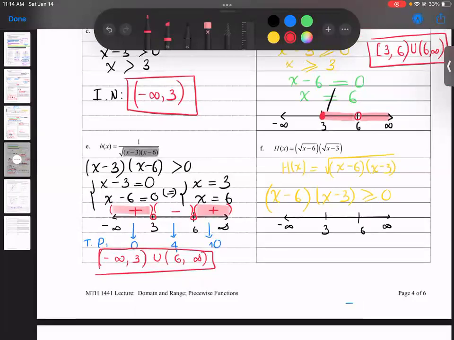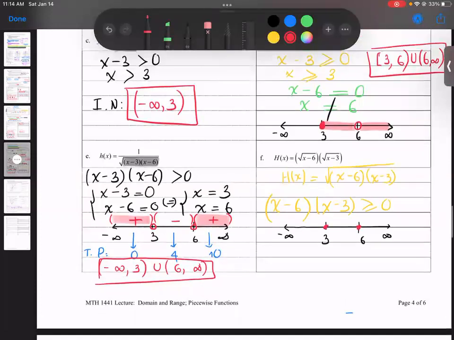Instead of hollow at the 3 and the 6, it's going to be solid, right? Because we do include 3 and 6. Why? Because it's an equal to, right? It has that little extra line at the inequality, so the equal to. So that means 3 and 6 are included. And everything else the same. Oops, it should be a bracket because included. Everything else is pretty much the same.